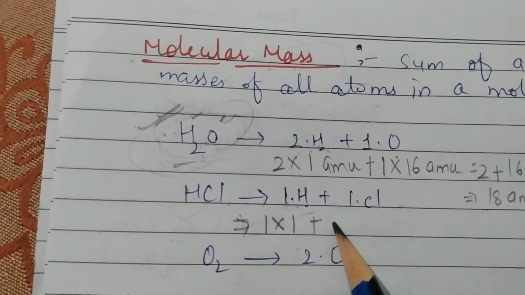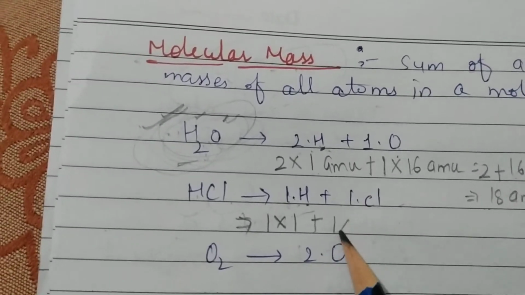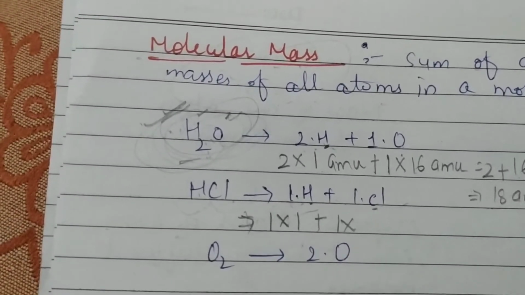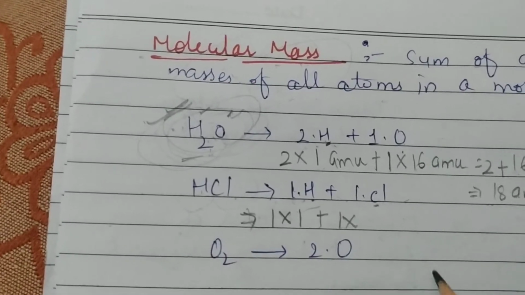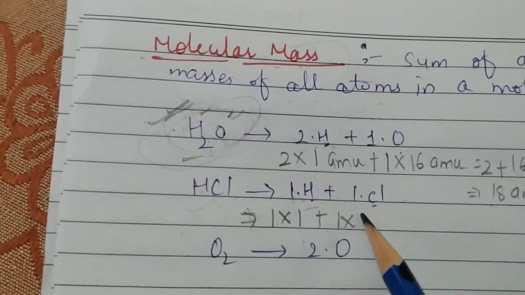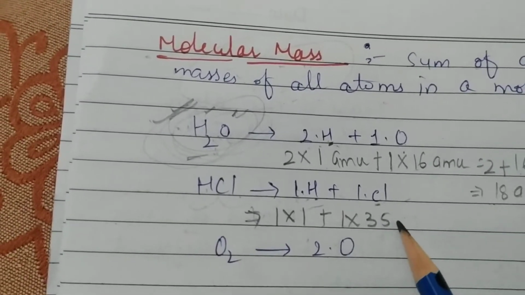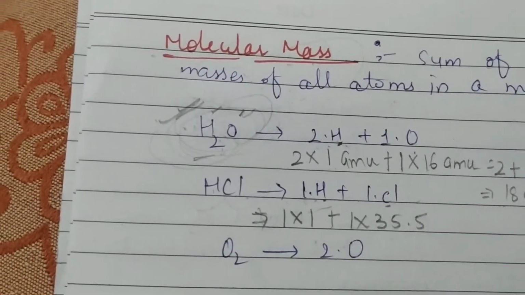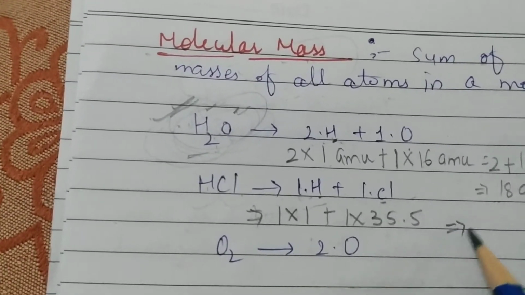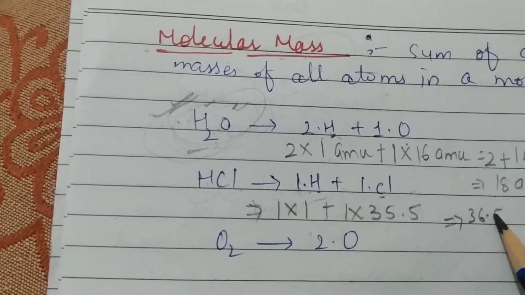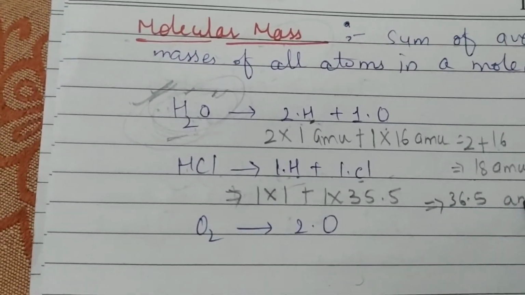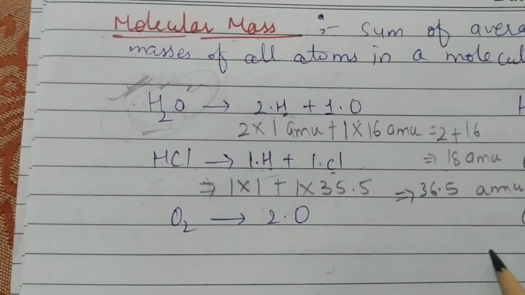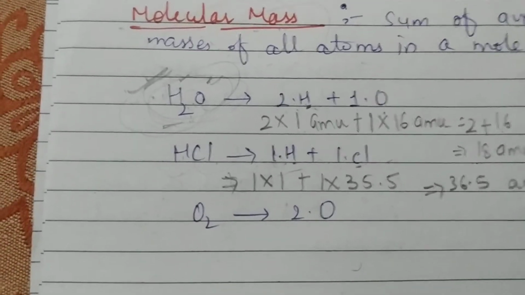In the chlorine case, 1 atom is here. And what is the mass of chlorine? We have calculated just earlier, 35.5. So what will it be? It will be 36.5 AMU, right? I hope this is clear.